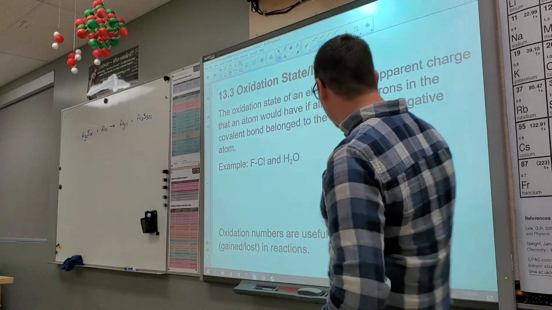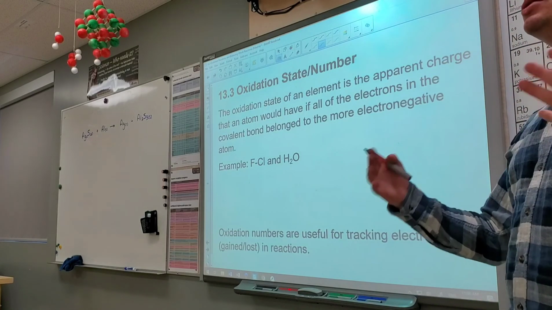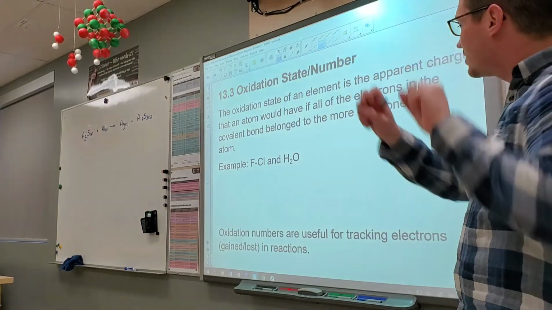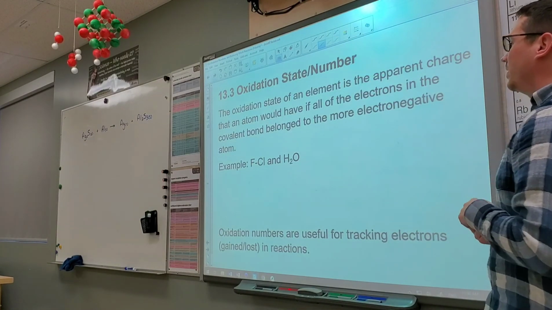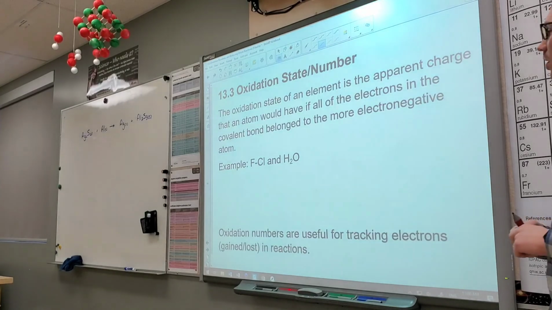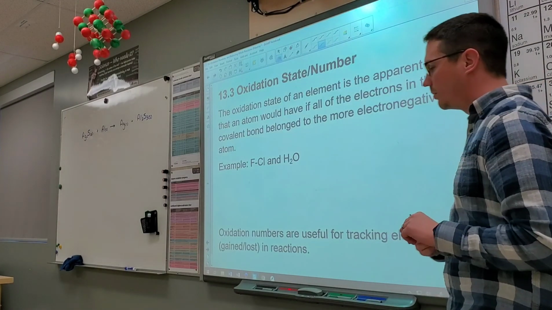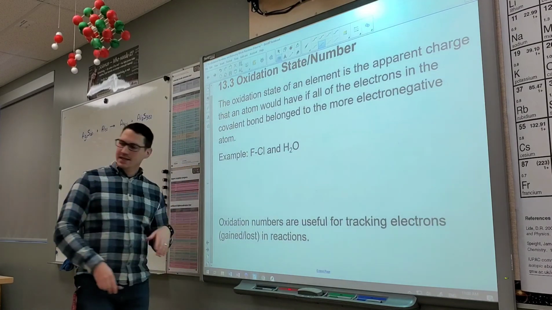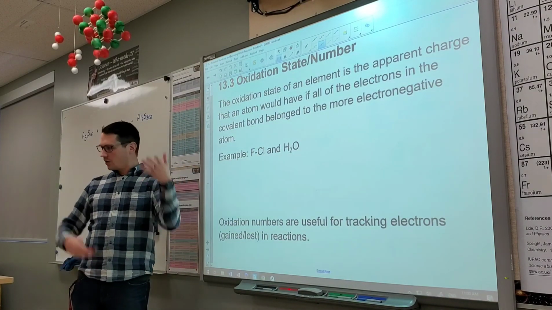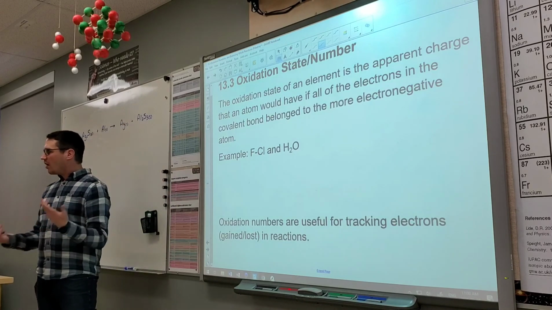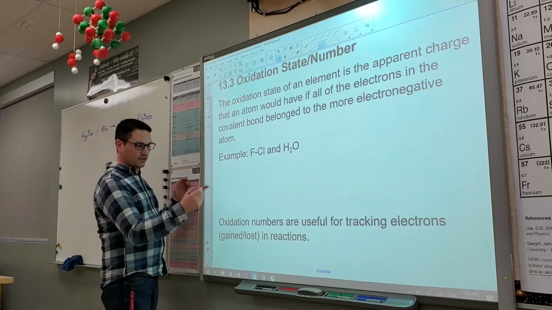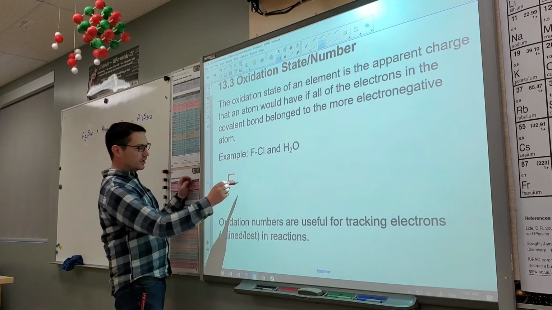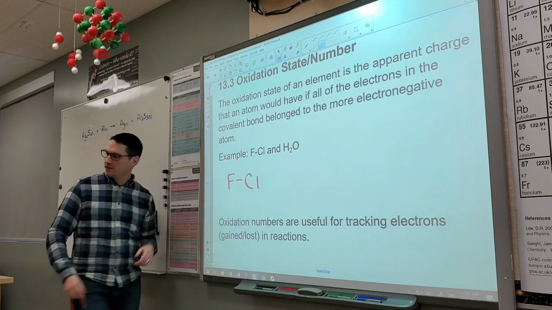The oxidation state of an element is the apparent charge, okay? It's the charge an atom would have if all the electrons in a covalent bond belonged to the more electronegative atom. So we're going to draw the compound FCl. FCl is basically F bonded to Cl.